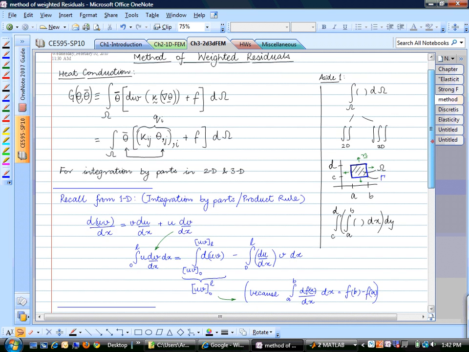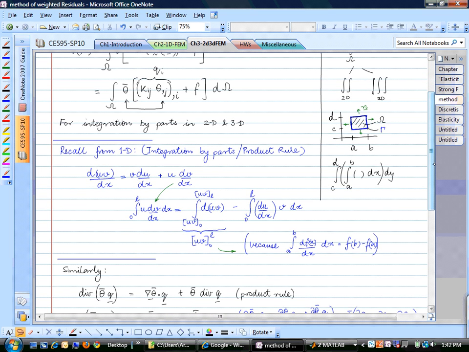So let's see how we do integration by parts in 2 and 3 dimensions. Just to recall what we did in 1 dimension, we have this product rule that all of us are familiar with. And what we are trying to do here is pick this term, which is very similar to what we did in the one-dimensional case, and take this to the other side.